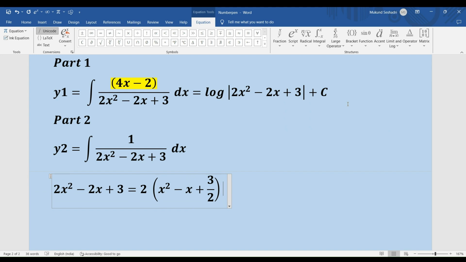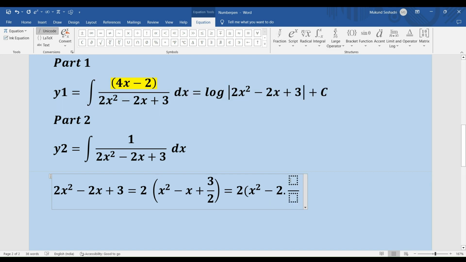And this can further be rewritten as, watch me closely, because my first part I don't really need to worry about, and my second part has got a minus x, right? And how am I going to write this? Minus 2 times 1 by 2, right?